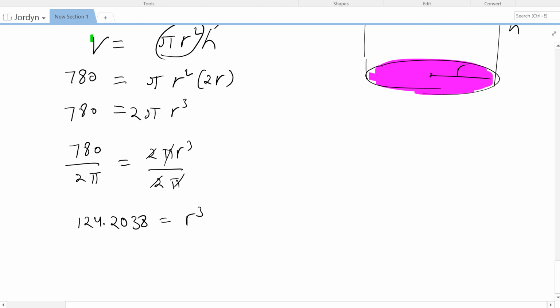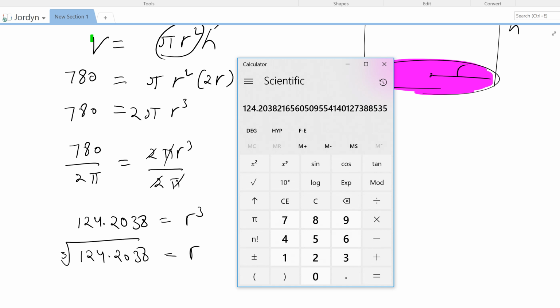Now the next step is getting rid of the cube, so we're gonna do the cube root on both sides, because the power 3 is gonna disappear. You know that, right? Alright, so now we do the cube root of that.